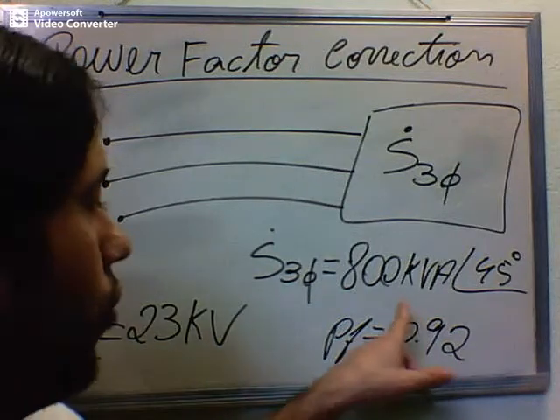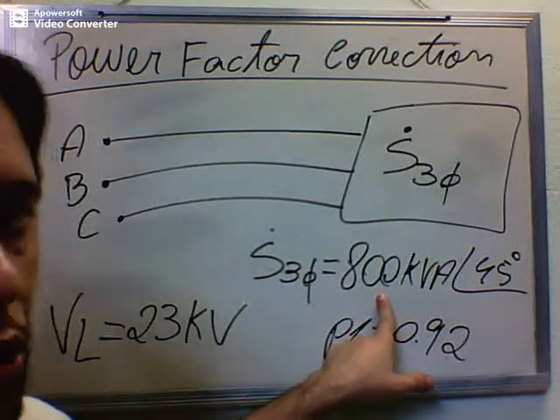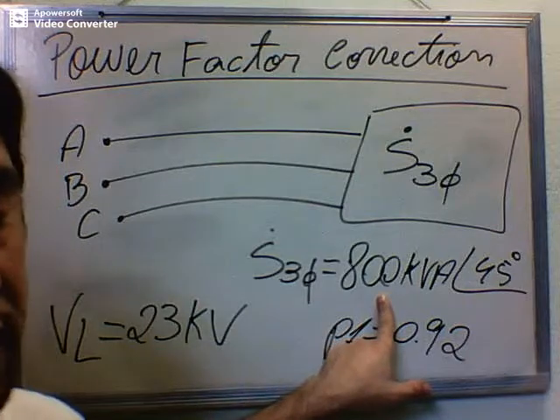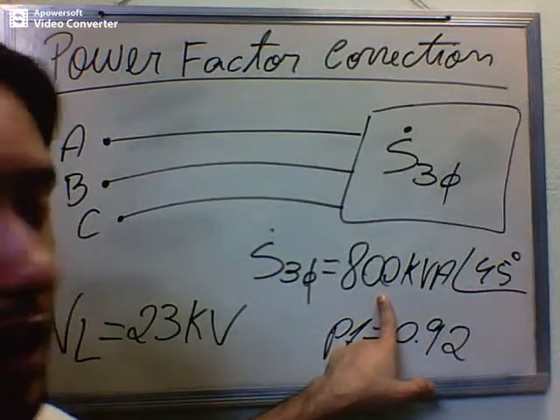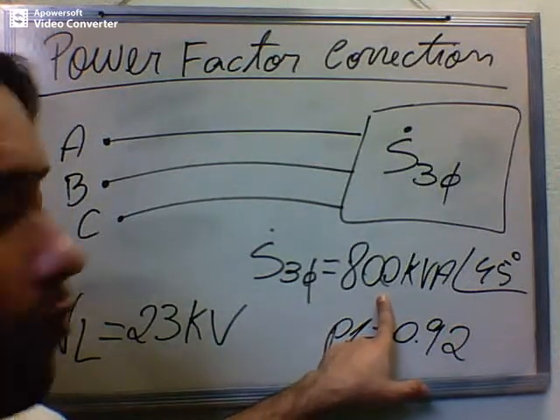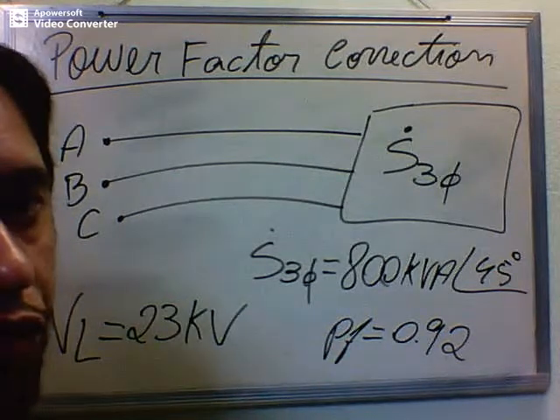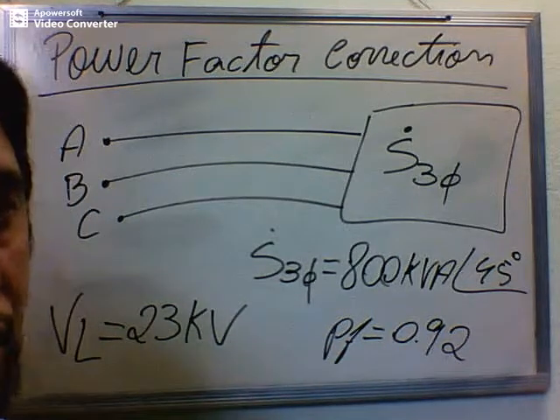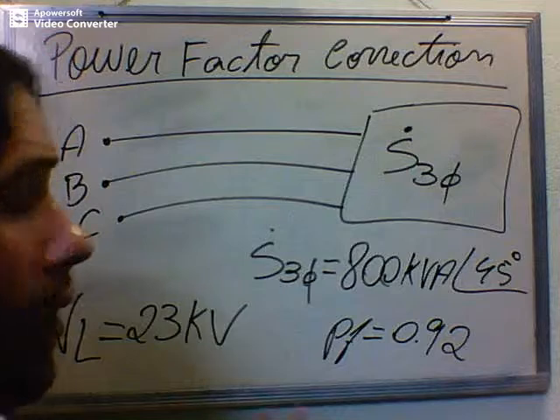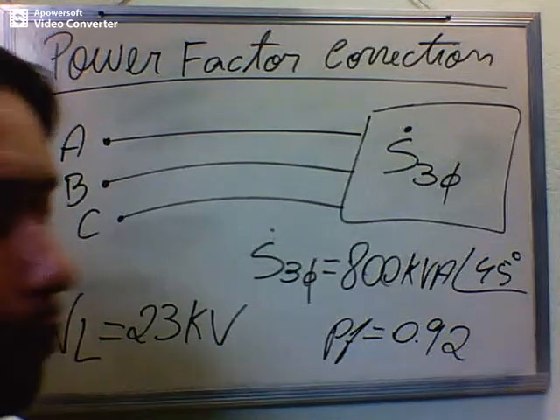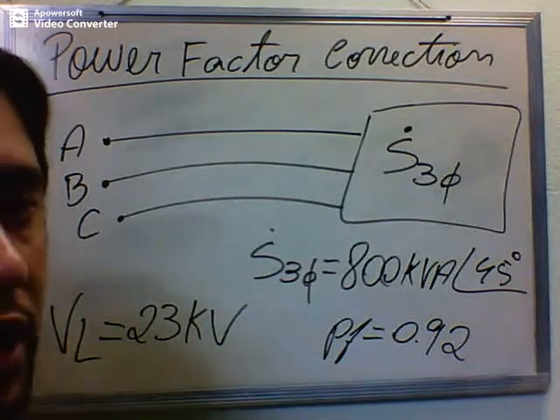First of all, we need to know the real power, or if you prefer, the active power of the installation, and the reactive power, and we are going to understand what's going on and calculate the power factor of this installation.